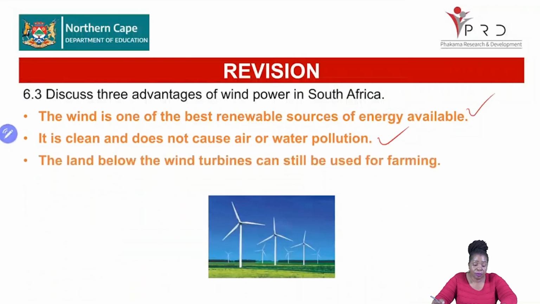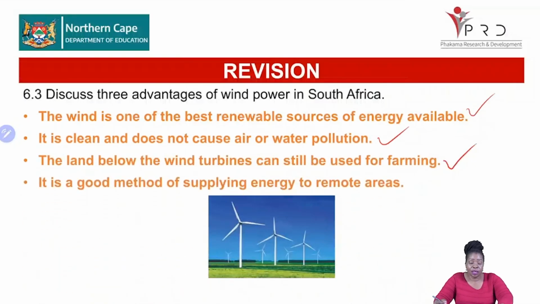Also, the land below the wind turbines can still be used for farming, right? And it is a good method of supplying energy to remote areas. So these are some of the advantages of wind power in South Africa.